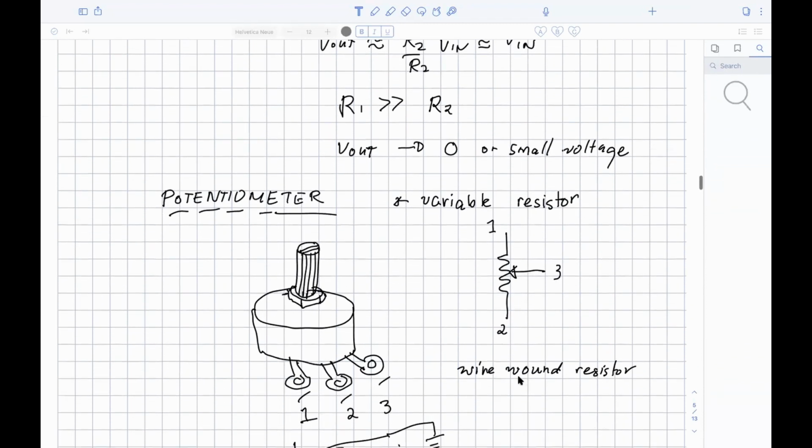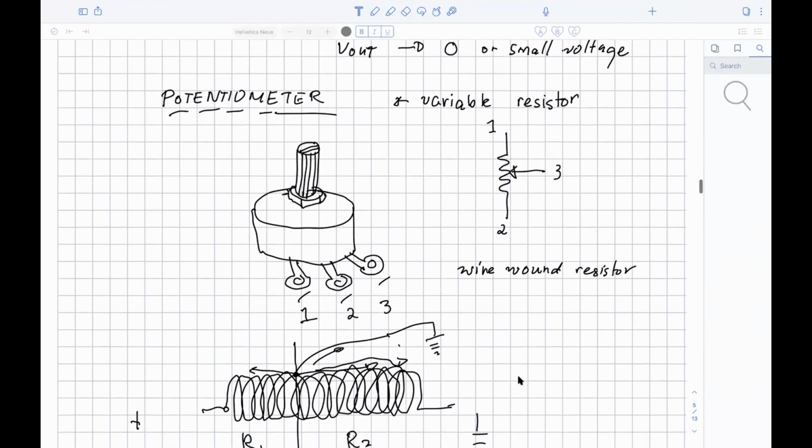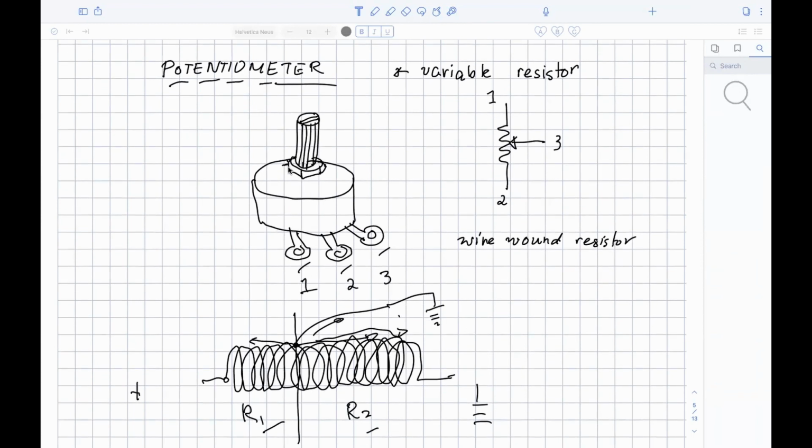Okay? And now, guys, this is our first element. In our first experiment, we will use a potentiometer. Essentially, if you open a potentiometer, it's actually just a wire wound resistor, just like this. There are three legs to the potentiometer, and this is one of the ends. This could be 1 or 3, and this is 3 or 1.